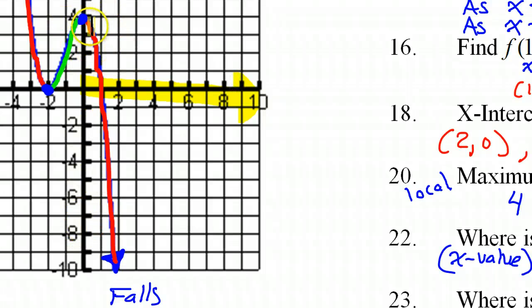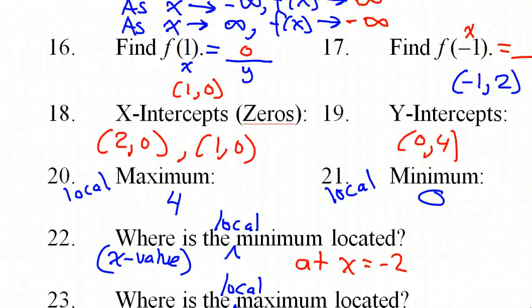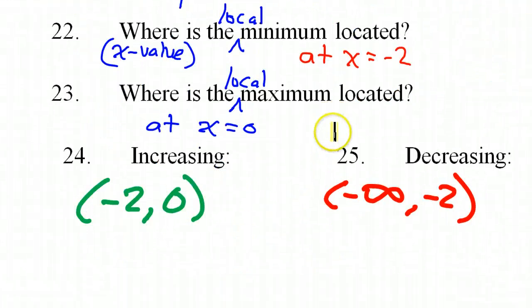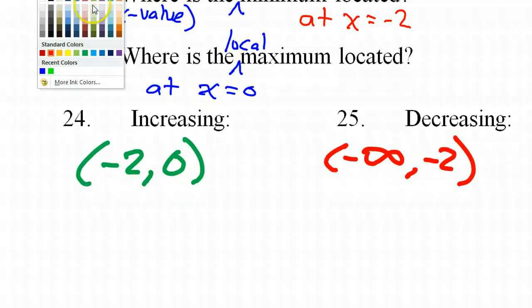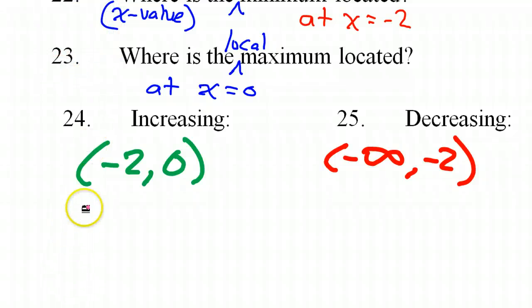Because the red part here goes left to 0, like it comes from the y-axis. But then it goes right forever, so 0 to positive infinity. Okay, so that's another decreasing part of the graph. 0 to infinity.